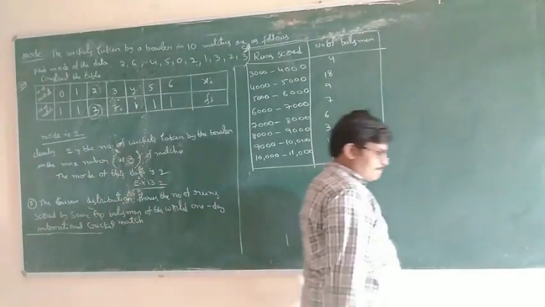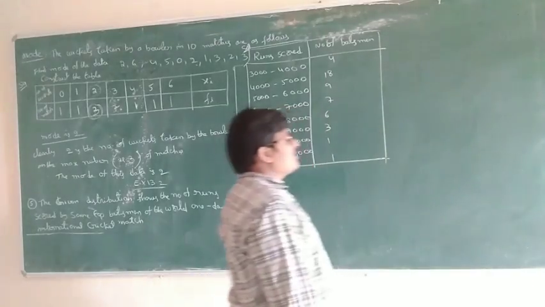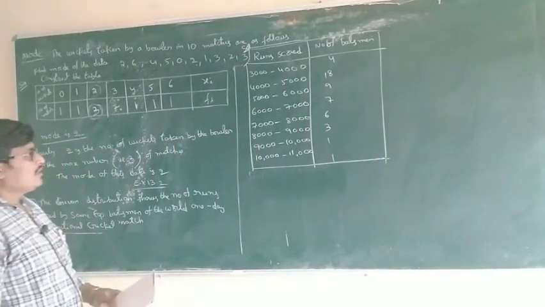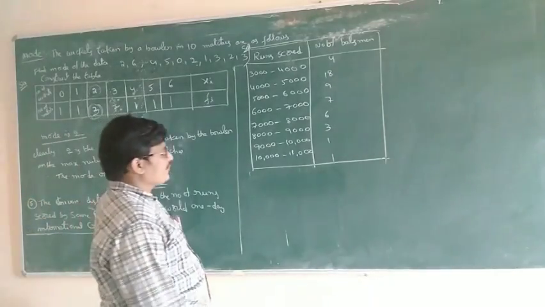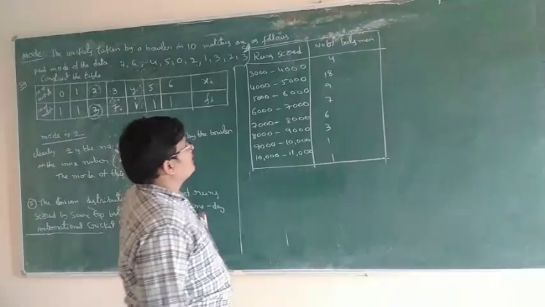First of all, draw the table once again and we can observe that the number of batsmen is nothing but the frequencies. Observe the frequencies. What is the maximum value? 18 is the maximum.